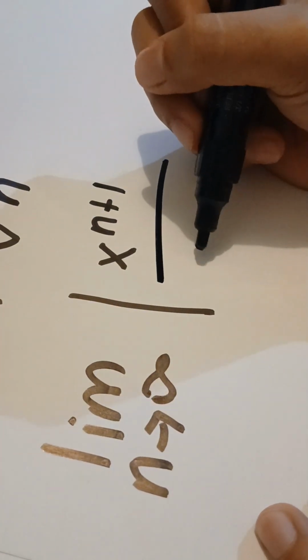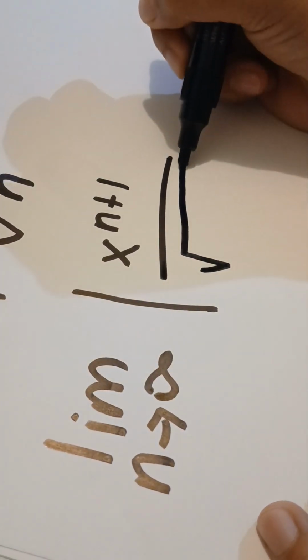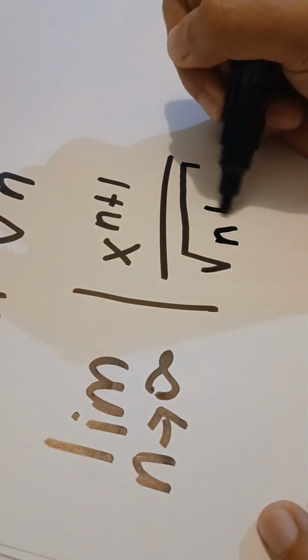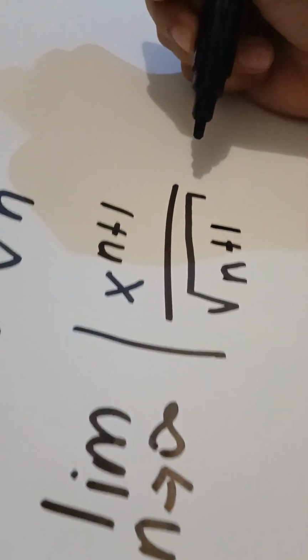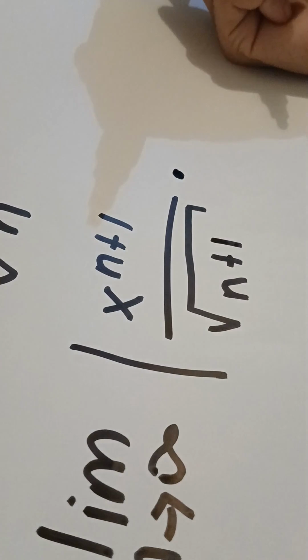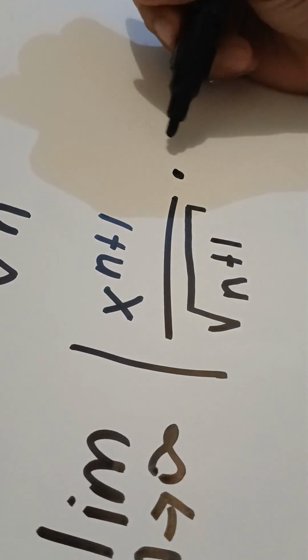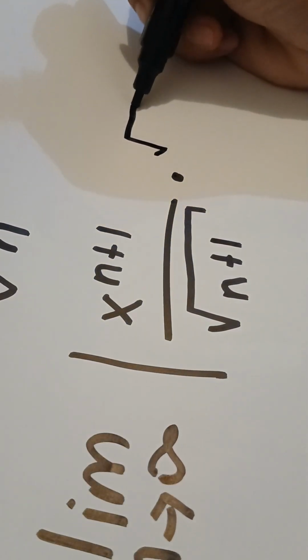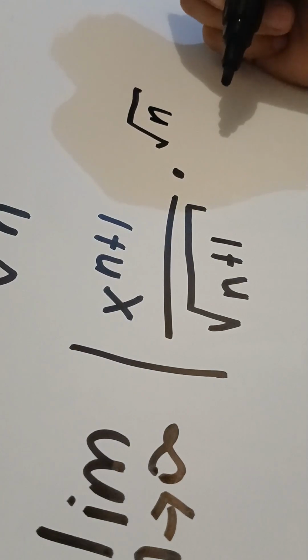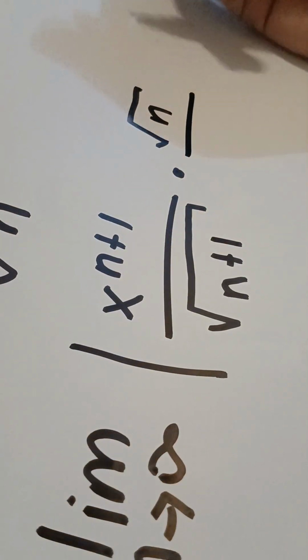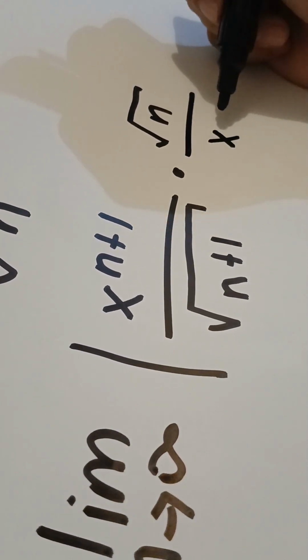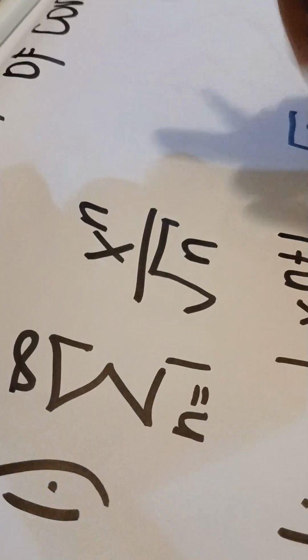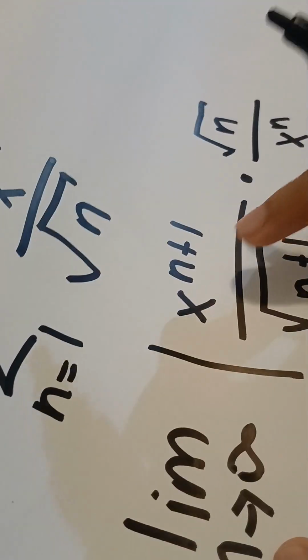Times, we're going to multiply it by the reciprocal of x raised to n over square root of n. So we're going to have the square root of n over x raised to n. Now let's simplify it.